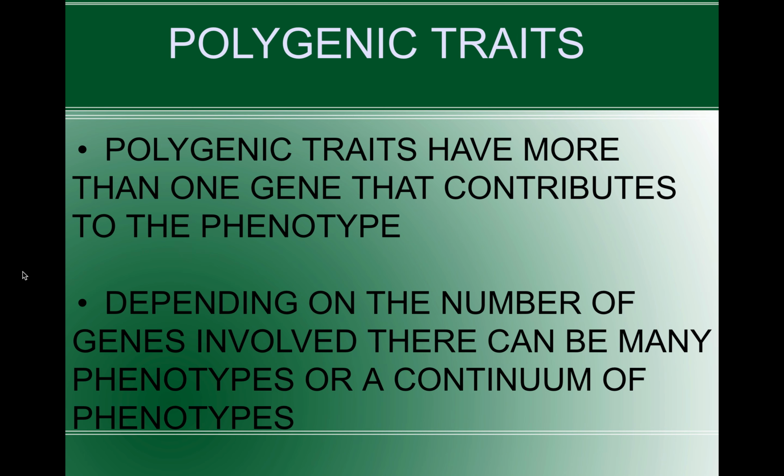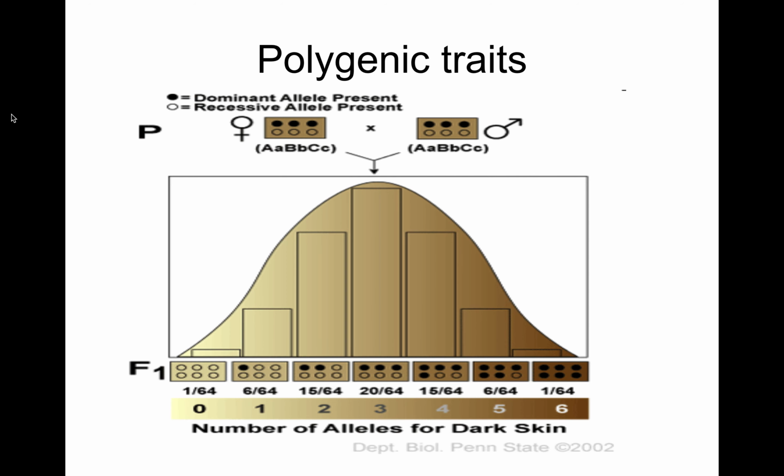So polygenic traits means multiple genes. Poly meaning many and genic meaning genes. So many genes, right? So we'll look at an example of this. Another example is skin color, right? So there are many different genes involved in determining your skin color.